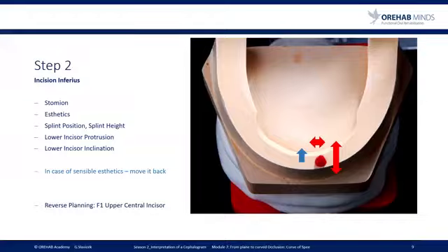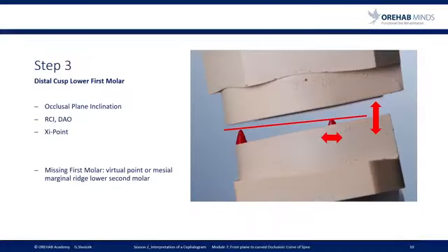So incision inferius is now established, and we can use occlusal plane inclination to create the second point of occlusal plane, which is the distal cusp of the lower first molar.